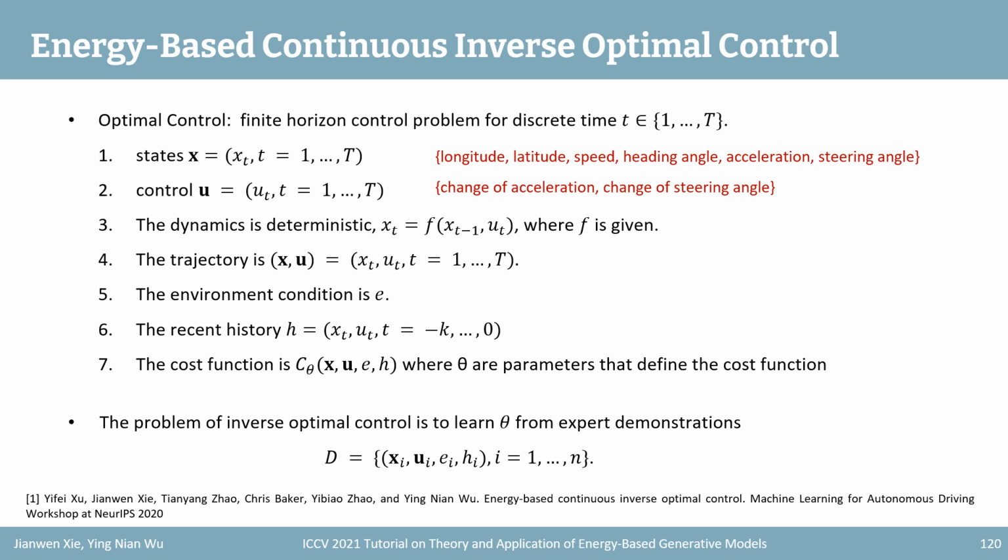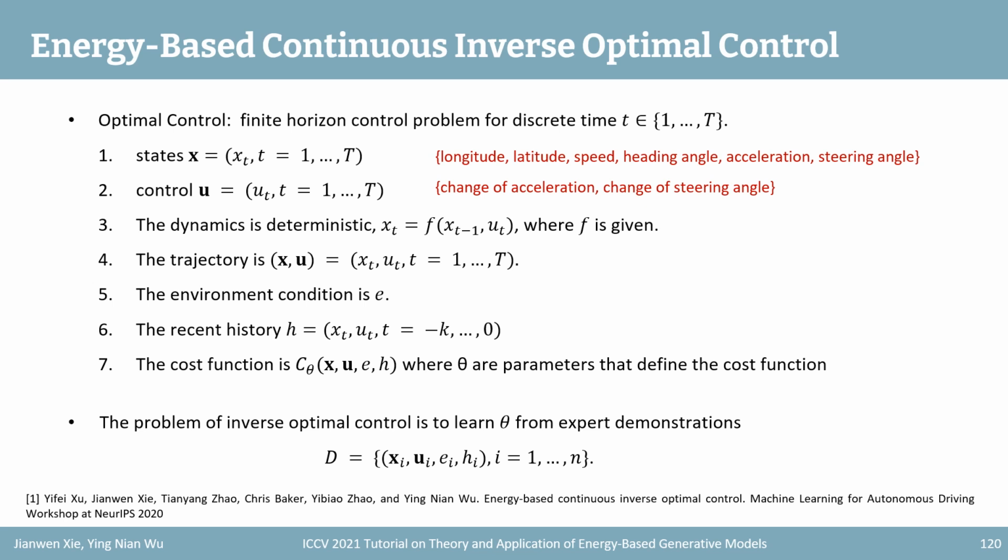The state might include longitude, latitude, speed, heading angle, acceleration, steering angle. Let u_t be the continuous control or action at time t. The control might include the change of acceleration, change of steering angle.